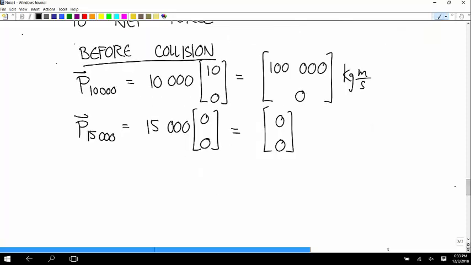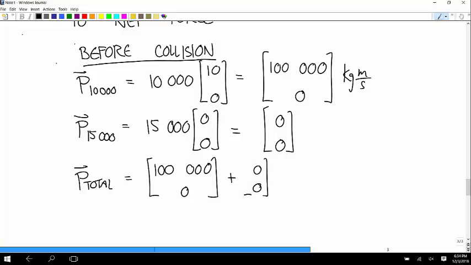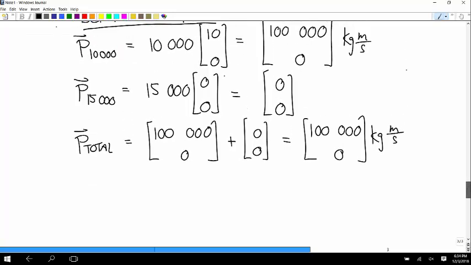So the total momentum of our system is 100,000 plus 0, so it's 100,000 in the x direction and 0 in the y direction. So now let's think about after the collision.